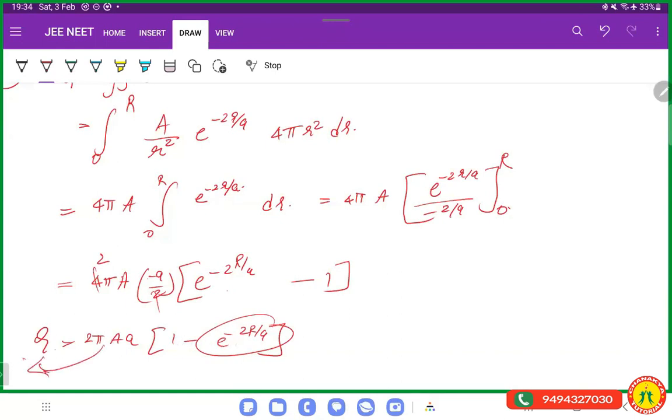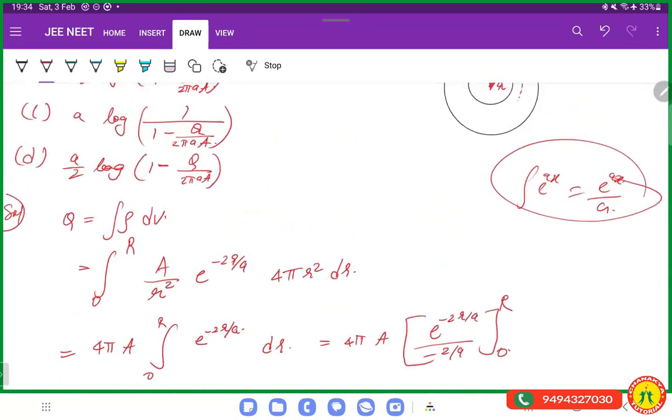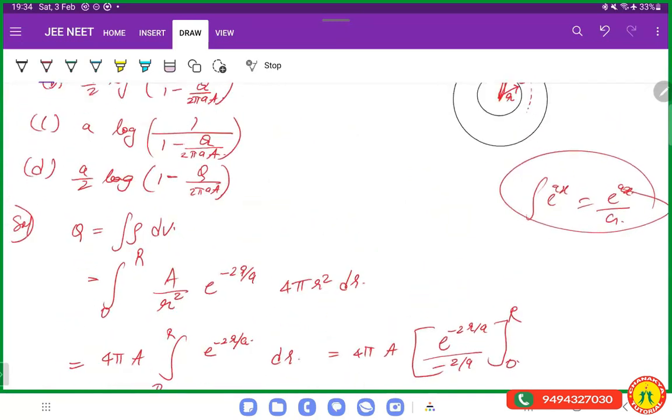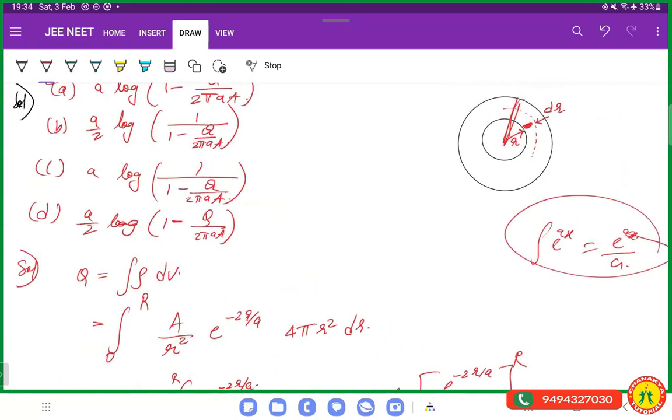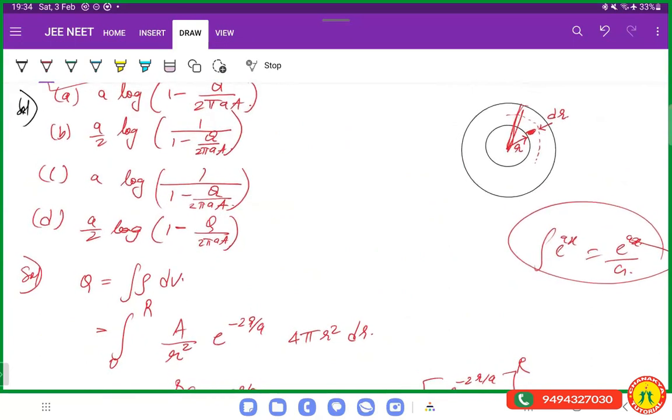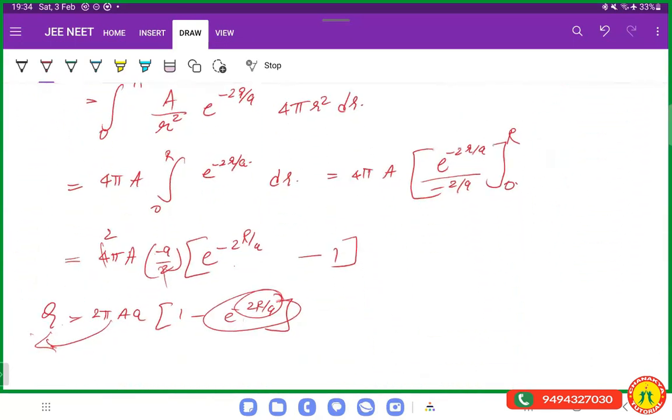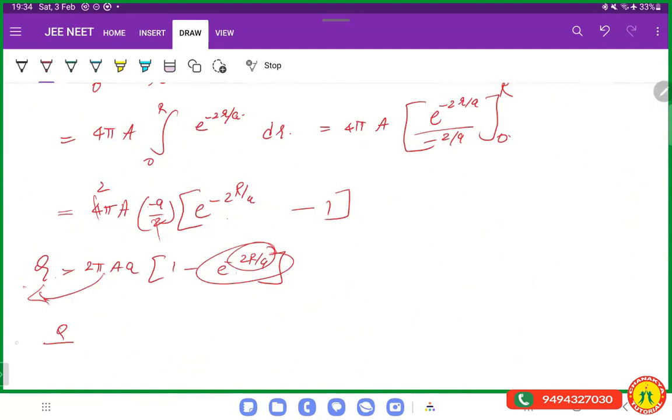And this will become 1 minus log a. I'm sorry. So 1 minus, who is having 1 minus? Q by 1 minus 2 pi a.